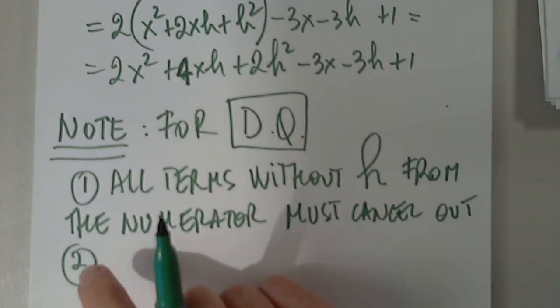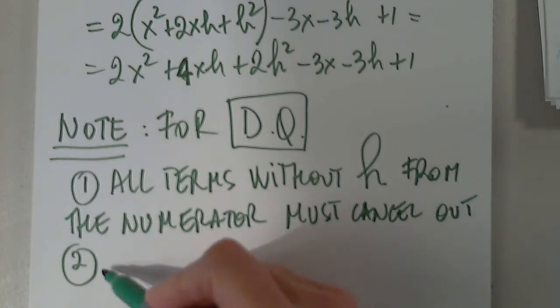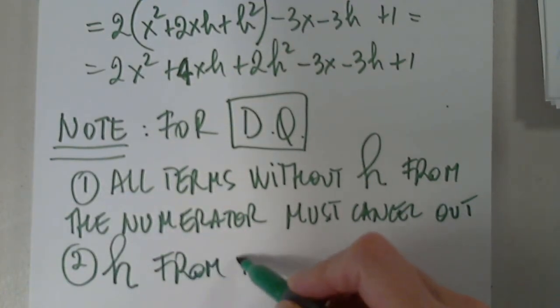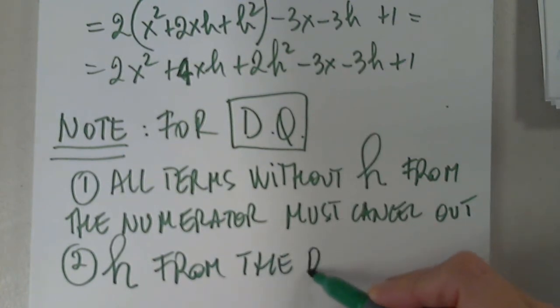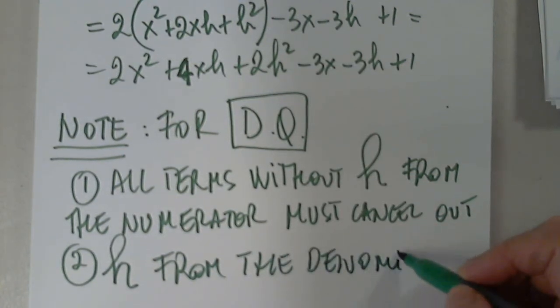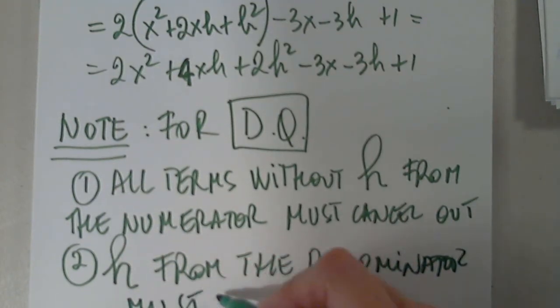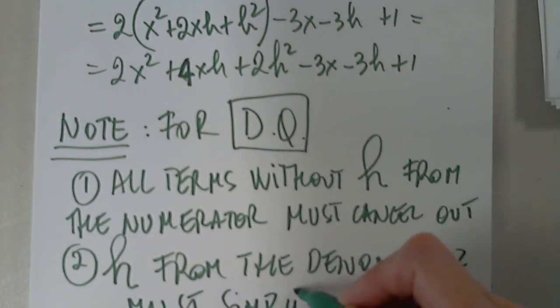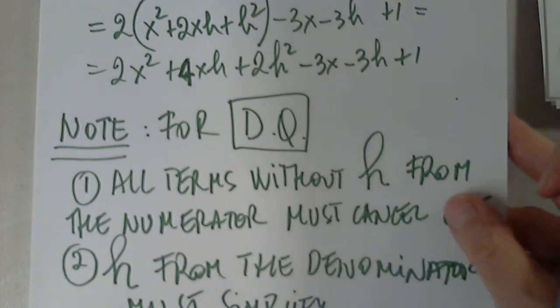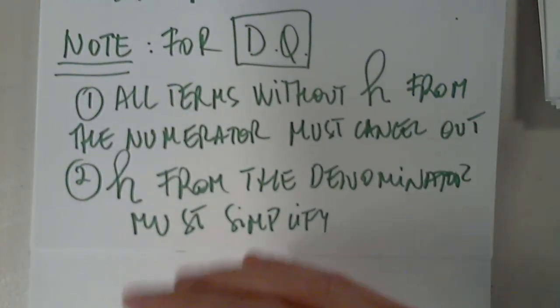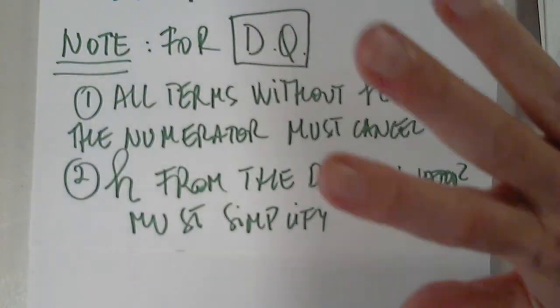The second thing that is mandatory is that h from the denominator must simplify. It must go away, in other words. Otherwise, I'm doing something wrong with the difference quotient.